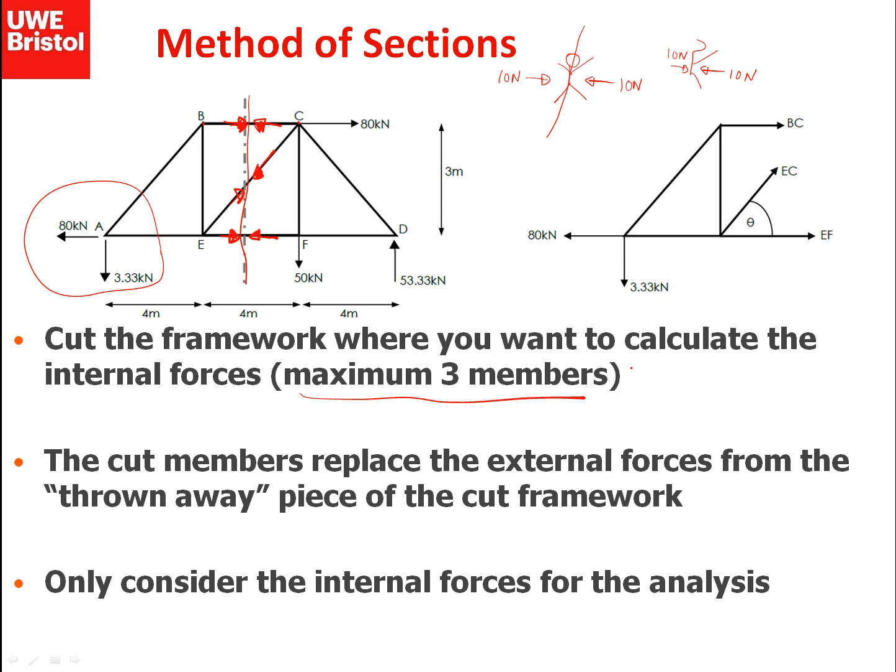So we're going to have 3 equations, which means we can deal with 3 unknowns. After I've made my cut through the framework, I'm going to throw a bit of the framework away. In this particular case, typically we throw the right hand side away. We don't have to, we could throw the left hand side away, but on the whole we throw the right hand side away.